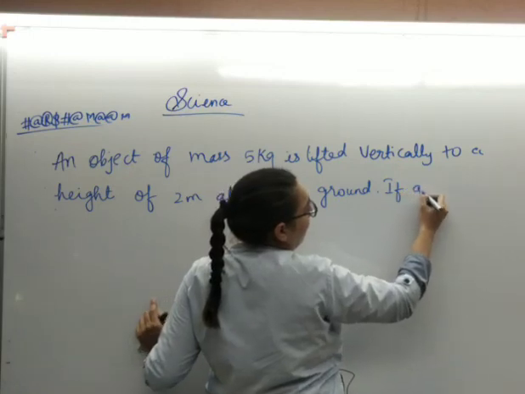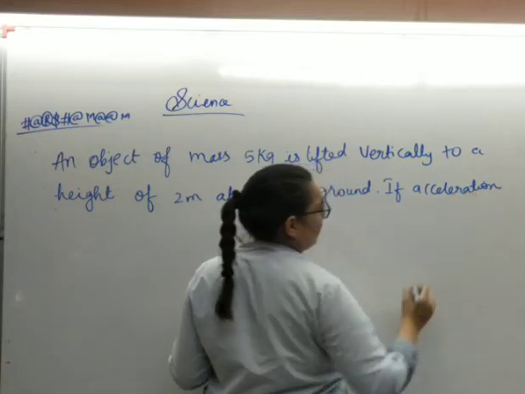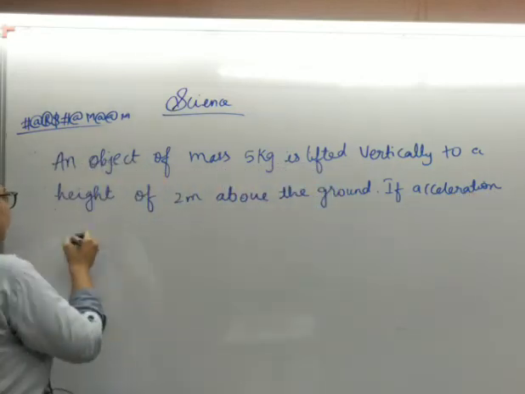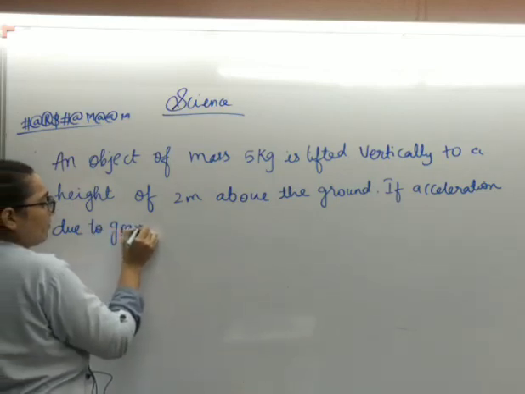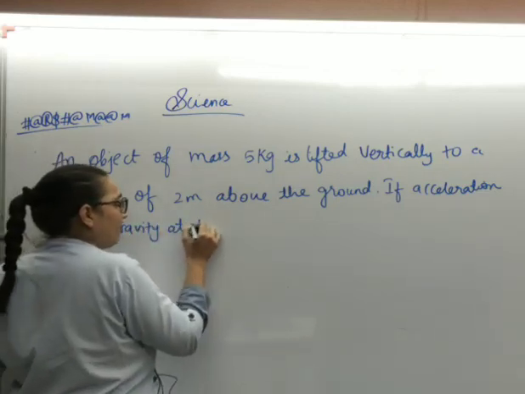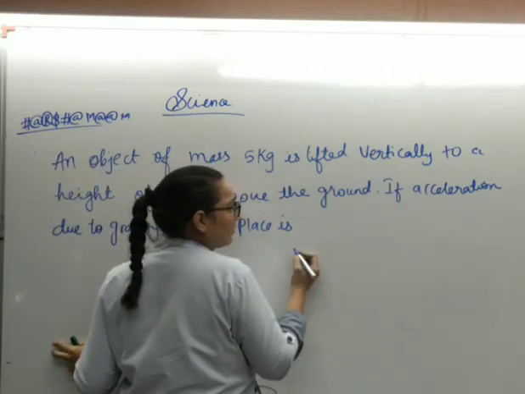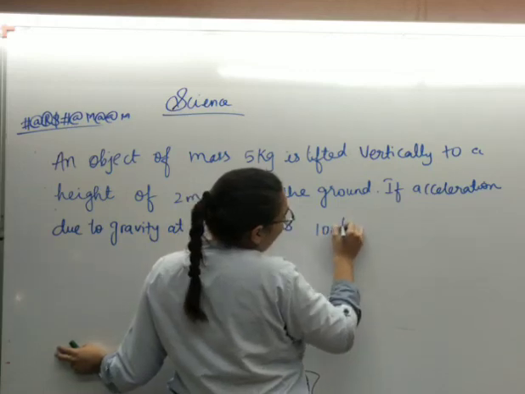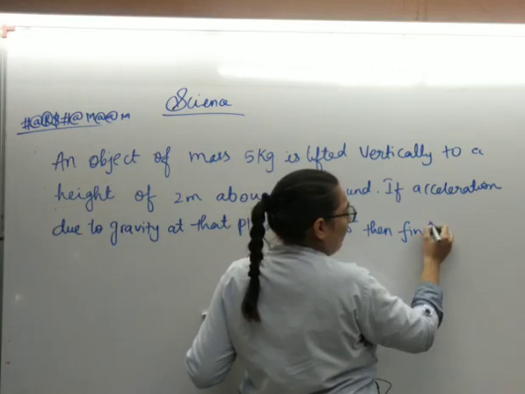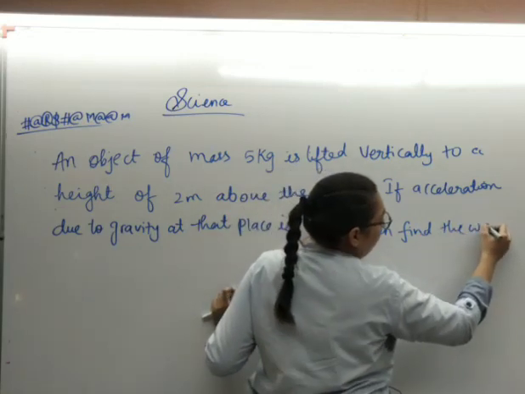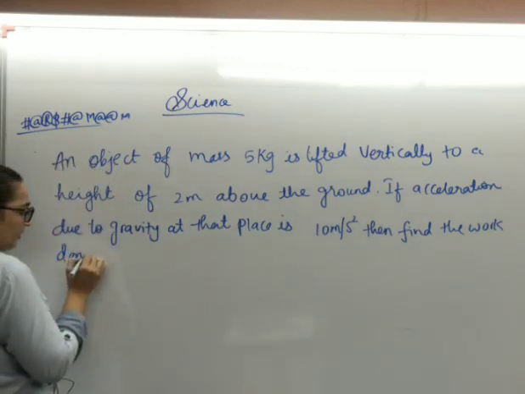If acceleration due to gravity at that place is 10 meter per second square, then find the work done on the object.